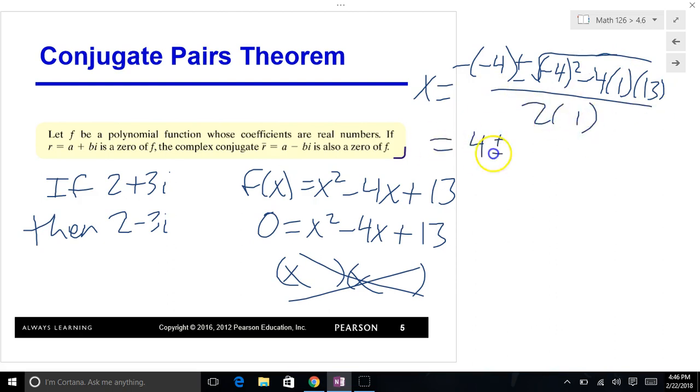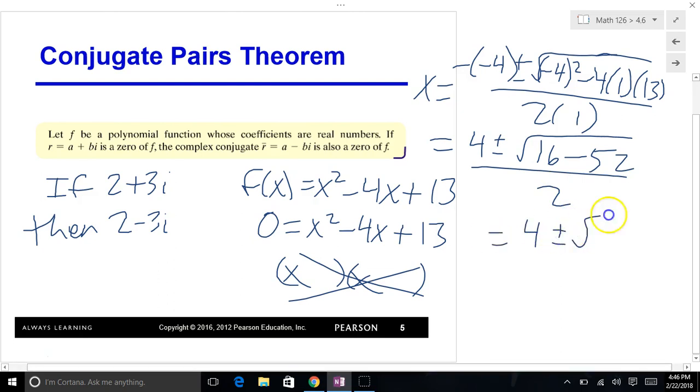So we get 4 plus or minus the square root of 16 minus 52, all over 2. 16 minus 52 is negative 36, all over 2.